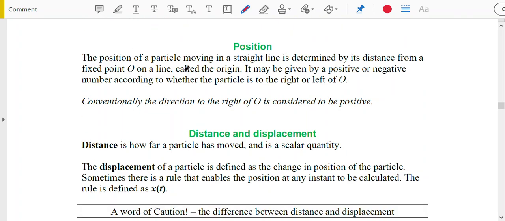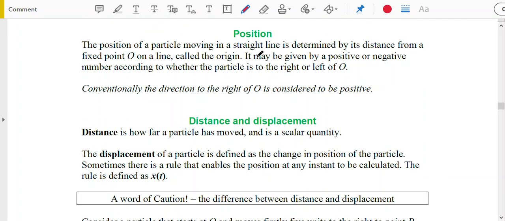So some definitions we need to be aware of. One of the definitions is position. The position of a particle moving in a straight line is determined by its distance from a fixed point origin, O, on a line, which we will call origin.